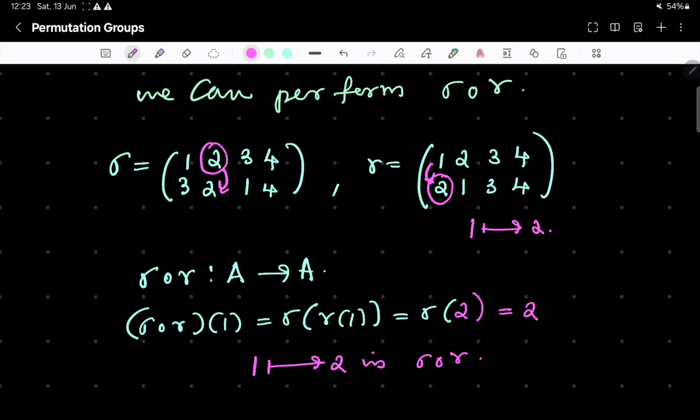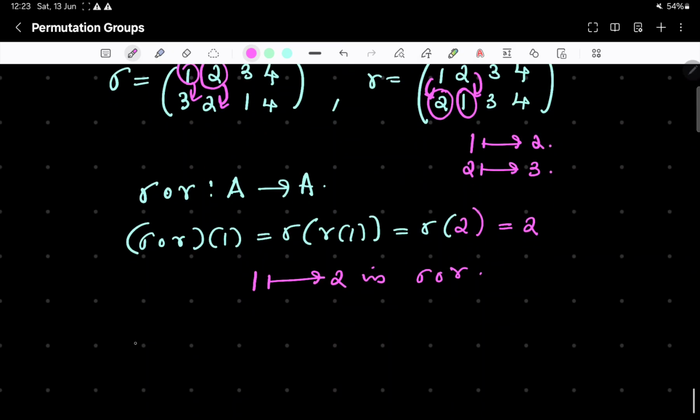Let's check whether it works for where 2 goes. So 2 goes to 1 in gamma. Now in sigma, 1 goes to 3. So 2 goes to 3. Let's check whether it is correct. Find sigma dot gamma of 2. This is sigma of gamma of 2.